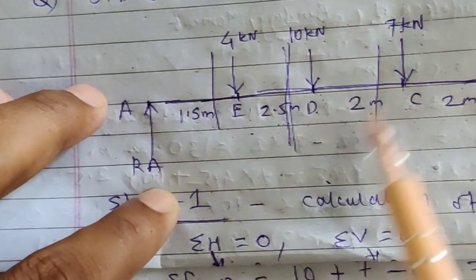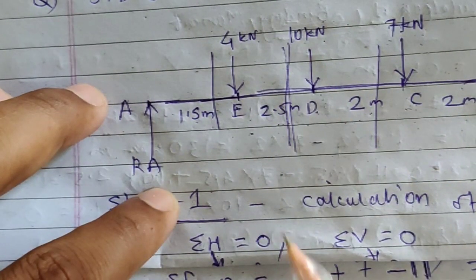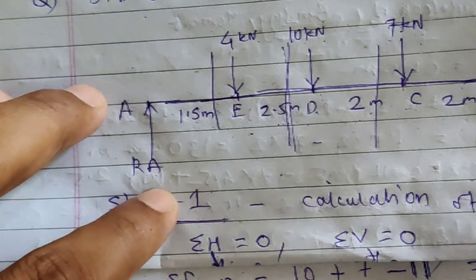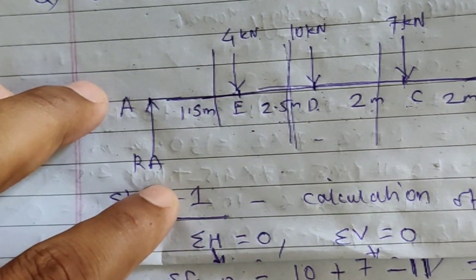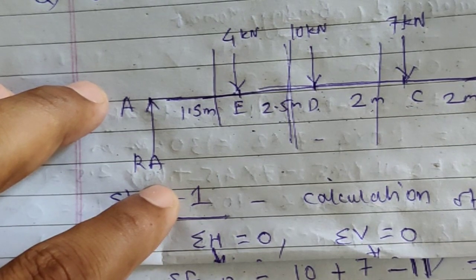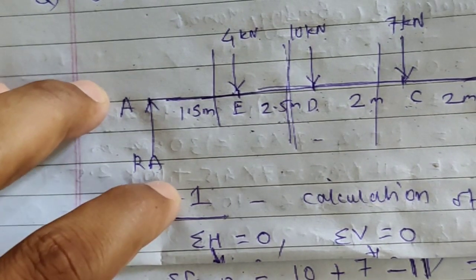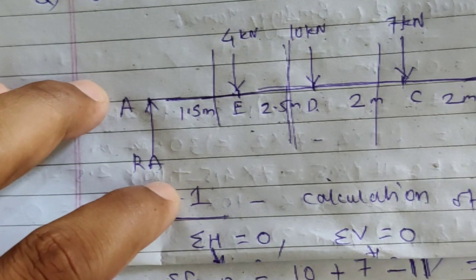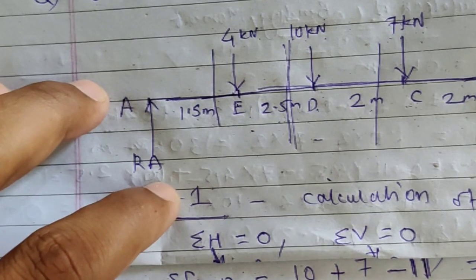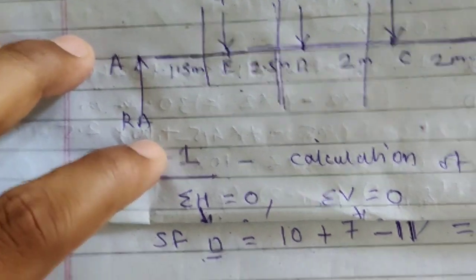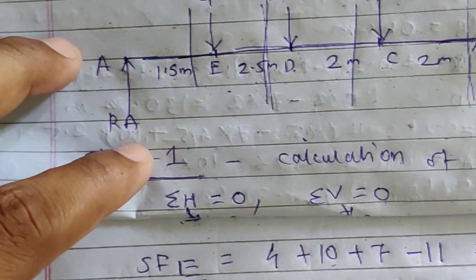So all the forces going from upward to downward are taken as positive, and this RB is taken negative. So 4 kilonewton plus 10 plus 7, and minus this. So 4 plus 10 is 14, plus 7 is 21, 21 minus 11 comes out to be 10 kilonewton. So shear force at E is 10 kilonewton.